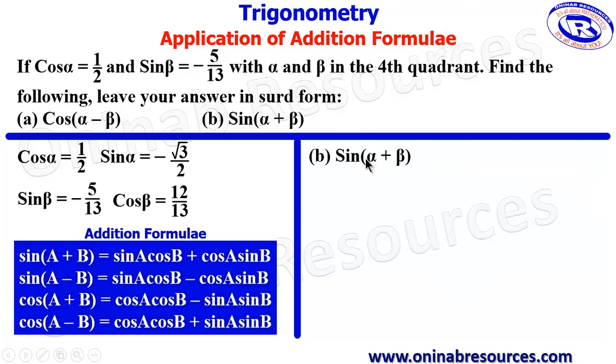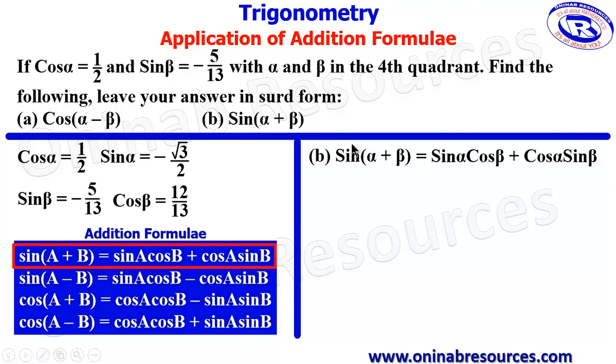For B, we have sine(alpha plus beta). We check the addition formulae. The first one is what we need, sine(A plus B). So we express it in alpha and beta. This is going to be sine alpha cos beta plus cos alpha sine beta.